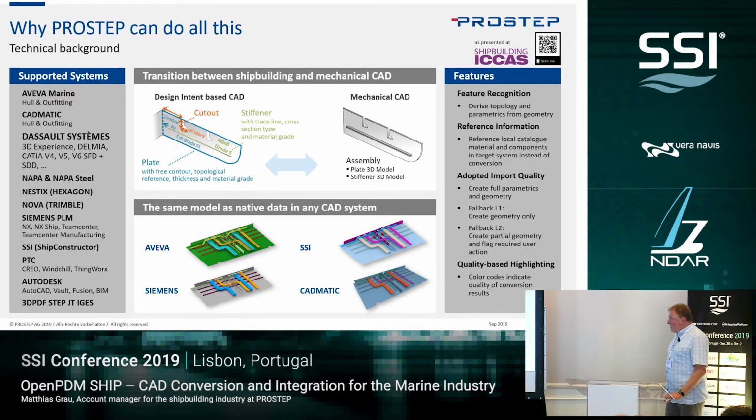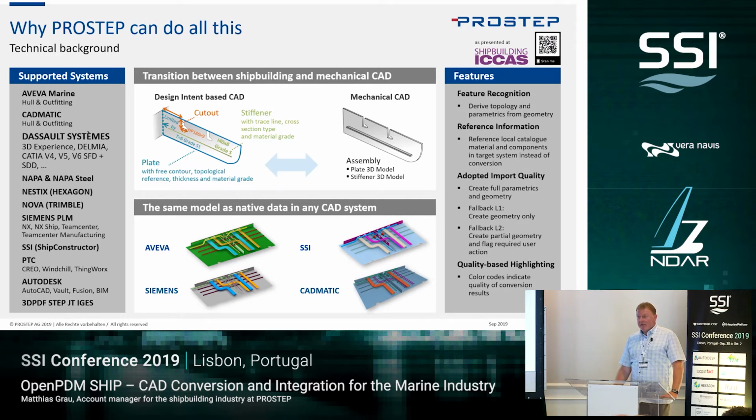If it comes to the shipbuilding specific CAD systems, such as SSI or Weaver or CADmatic or those we mentioned earlier, they have a bit more information inside their data model. I mentioned this and we call it design intent.